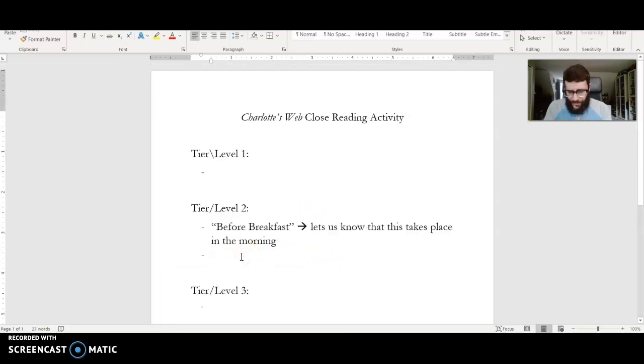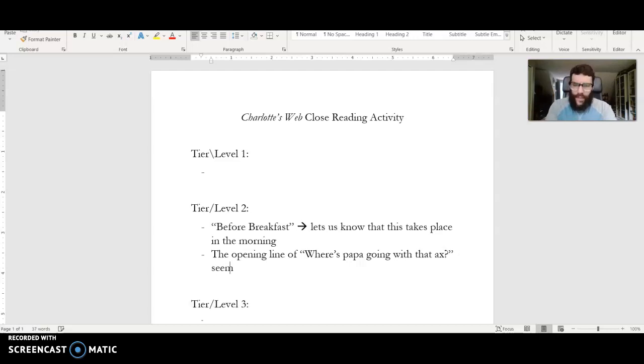One, I think the opening line. Let's just say something like, and how I'm typing them here is how you can basically upload your assignments. You don't have to write giant paragraphs for each one. You can just do this in note form. The opening line of, "Where's Papa going with that axe?" seems a strong one for a children's book.